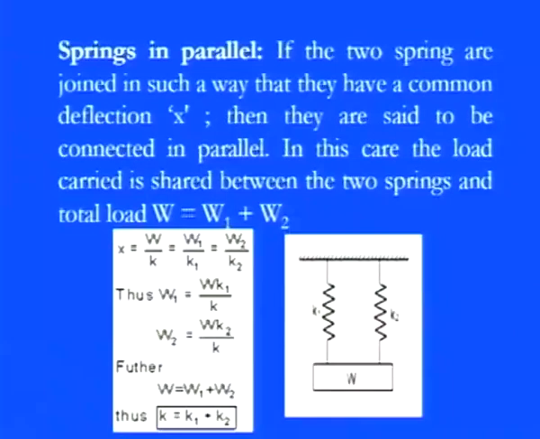The meaning is simple: if the two springs are connected in series, the resultant stiffness is K1 K2 by K1 plus K2, and if they are connected in parallel, the resultant stiffness is K1 plus K2.